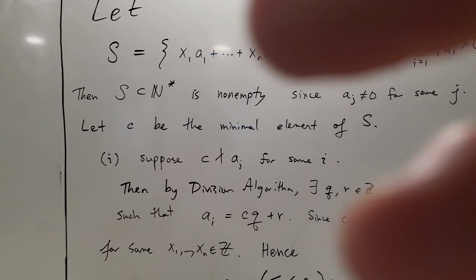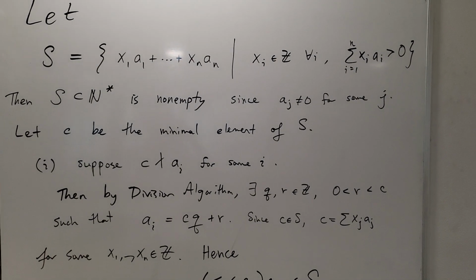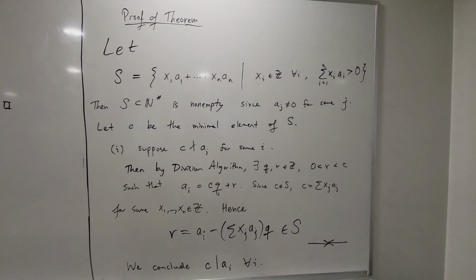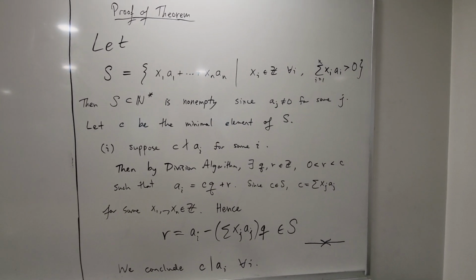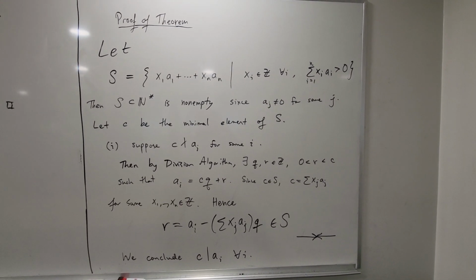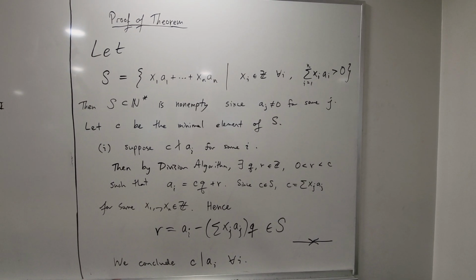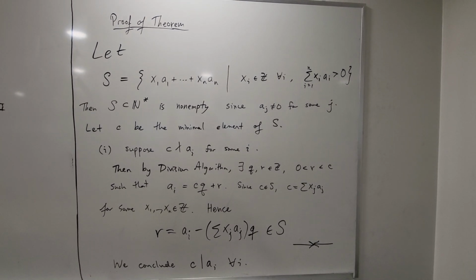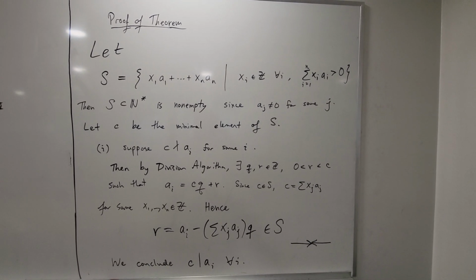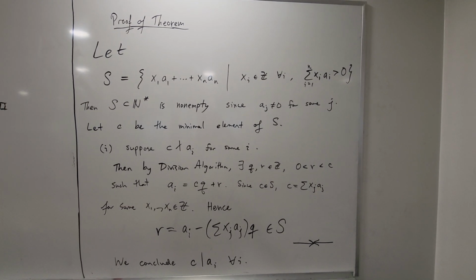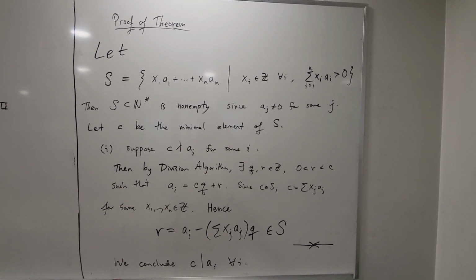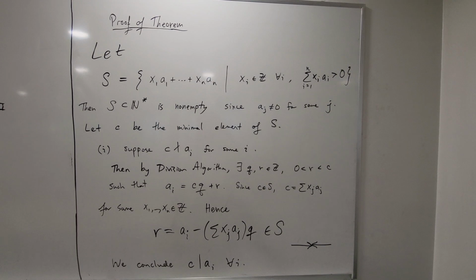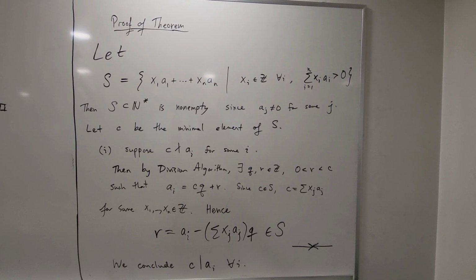Okay, so just zoom out a little bit here. So the start of the proof, we're going to define the set S to be the set of all linear combinations with coefficients in the integers of these fixed a1 through an, such that the linear combination is positive.